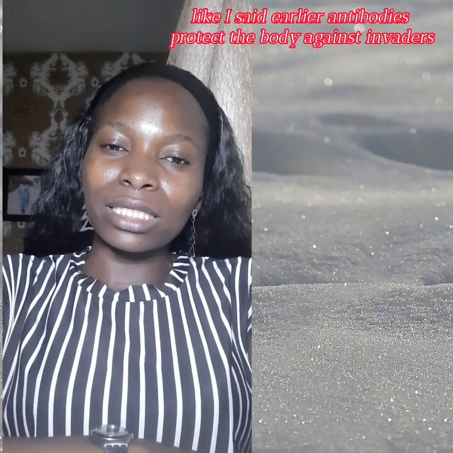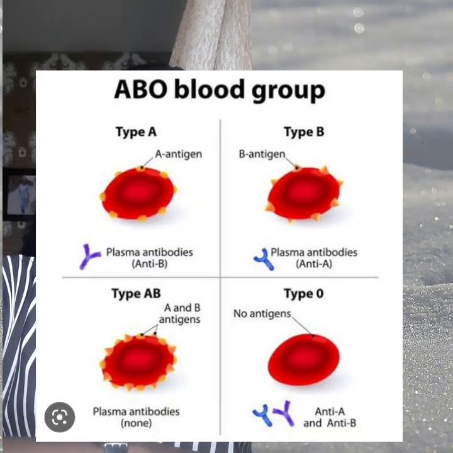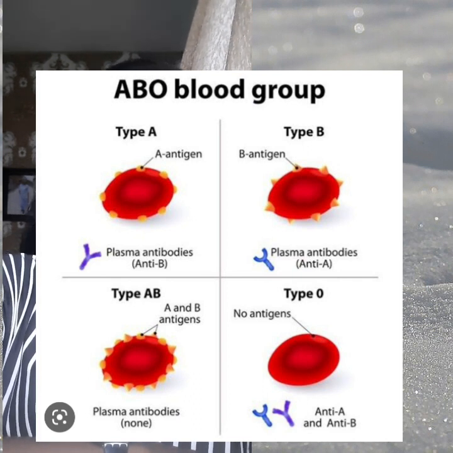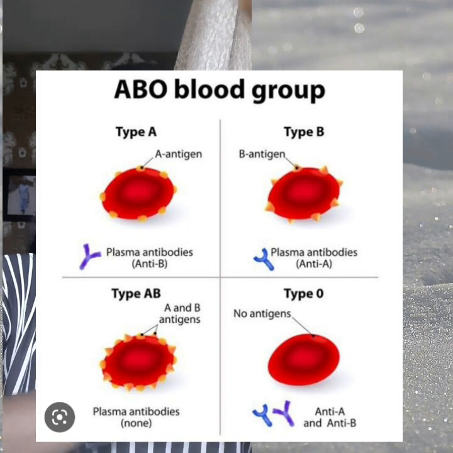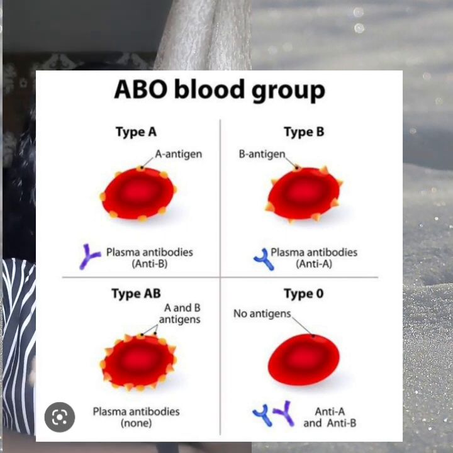Antibody actually protects the body against invaders. So if you have an antigen of A, your antibody will be against A, so that by the time your body notices that there's something coming that is different from blood group A, it's definitely going to start fighting. So antibody is generally the opposite of antigen.